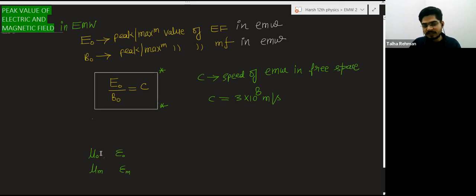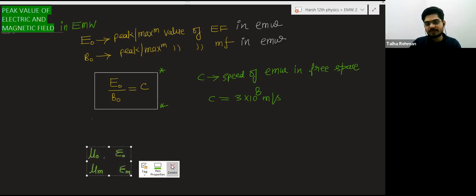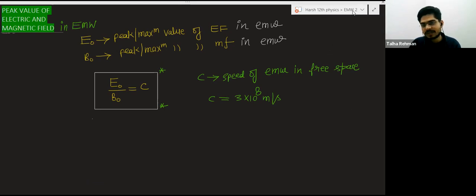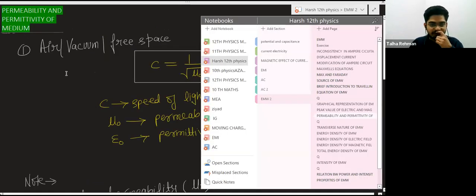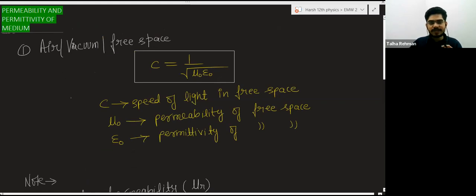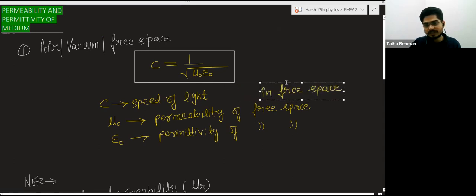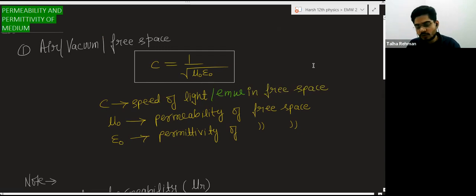So now there is a relation between this and this. All these things have the relation. So this relation is very simple. Basically, if you are talking about the air, vacuum or free space, then there is a relation between the speed of light, or you can say speed of electromagnetic wave, because light is also an electromagnetic wave.